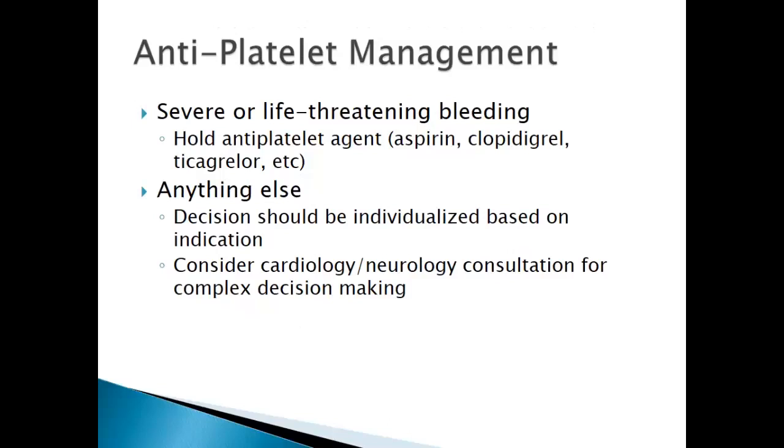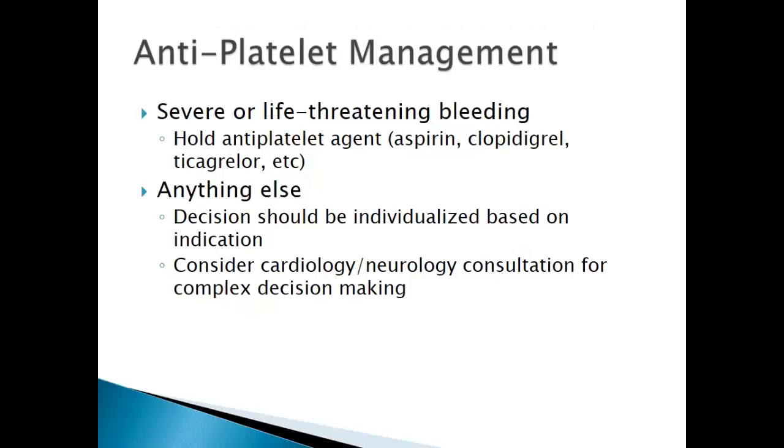But if it's a lower GI bleed, hematochezia without instability, and the indication is secondary prophylaxis, you can generally continue the aspirin, and that's in our guidelines. But if it's for primary prevention of stroke or CAD, we would recommend holding it, because the indication isn't as strong.